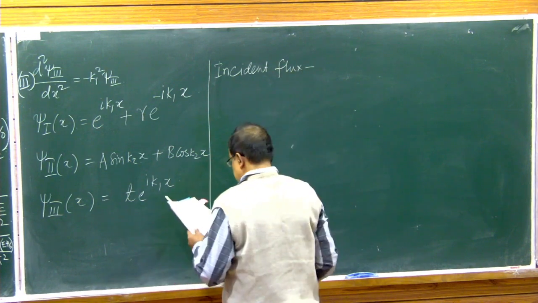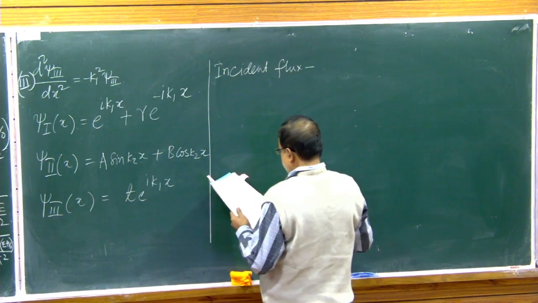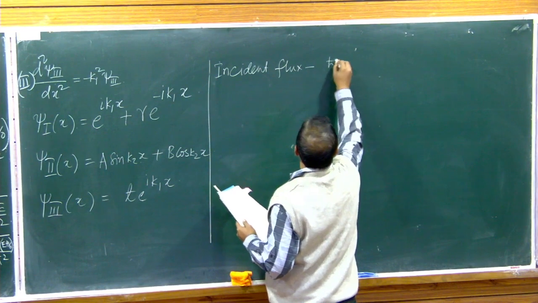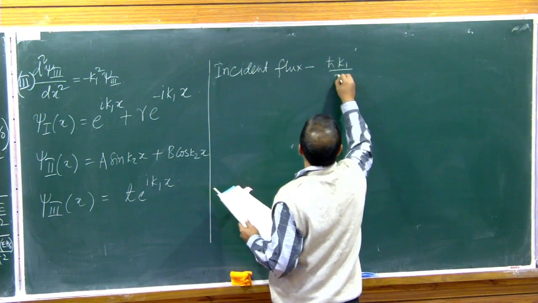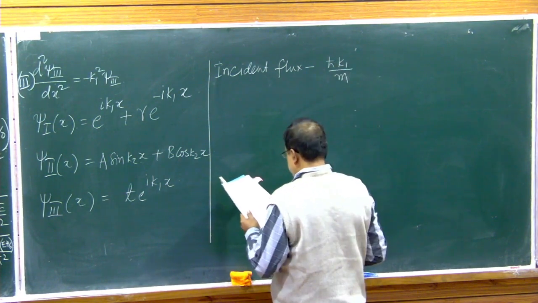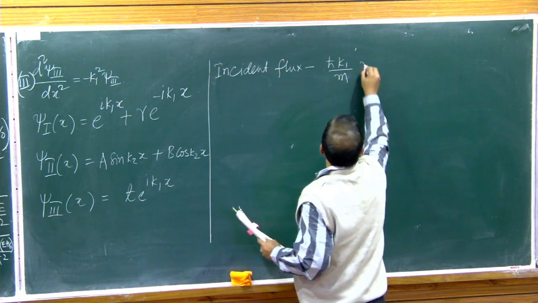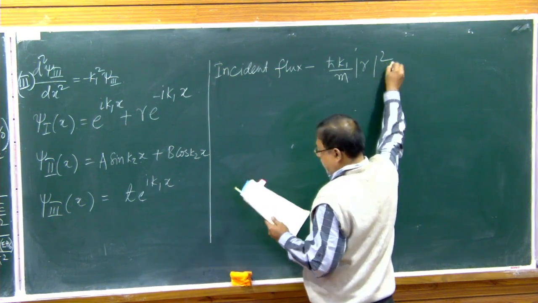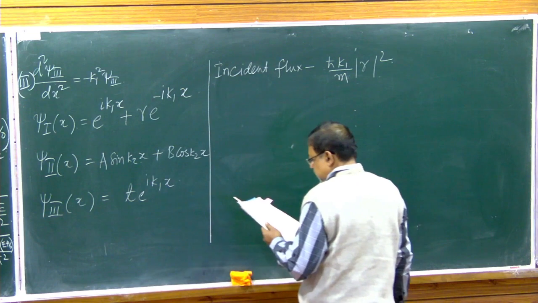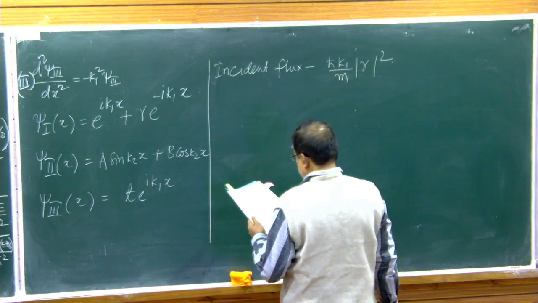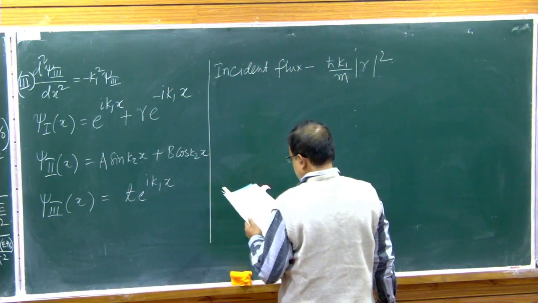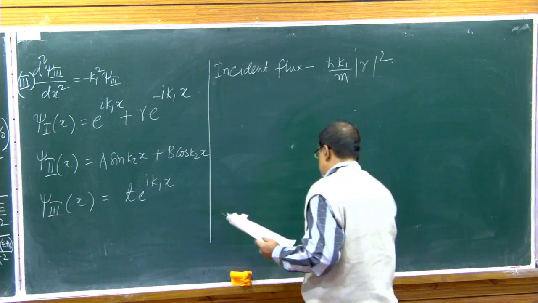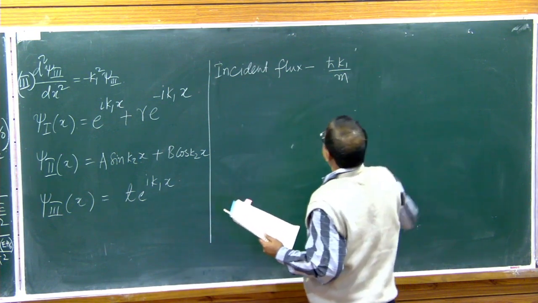So this is equal to h cross k1 by m, that's the velocity, h cross k1 by m is the velocity, and there is a r mod square. Sorry, this is the reflected one. So this is the incoming flux.